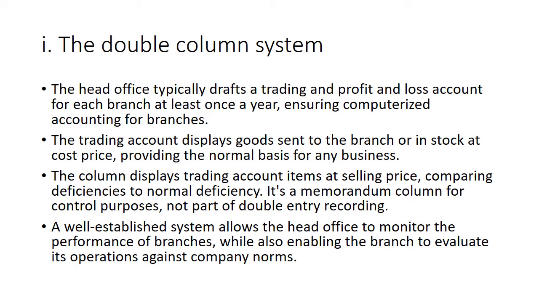The other column displays trading account items at selling price, comparing deficiencies to normal deficiencies. It is a memorandum column for control purposes, not part of the double entry recording. So a well-established system allows the head office to monitor the performance of the branch while also enabling the branch to evaluate its operation against the company.